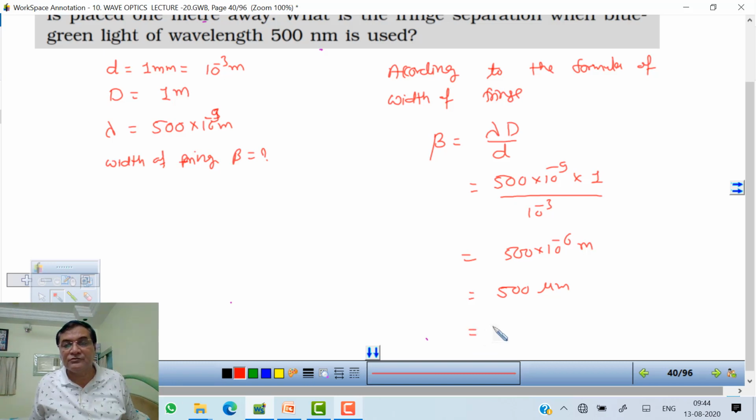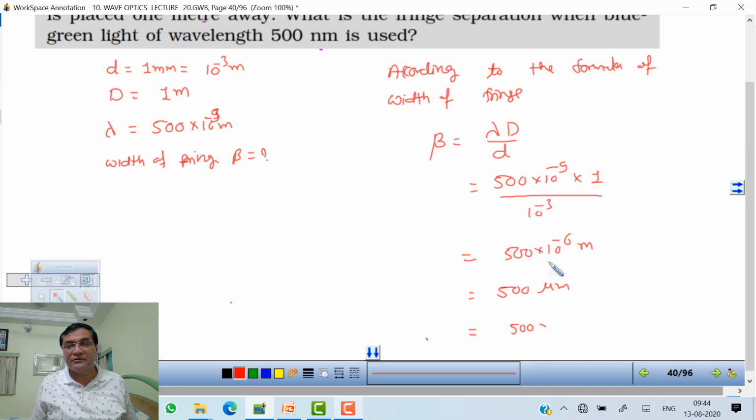If you want to write in terms of millimeter, I convert this in millimeter.